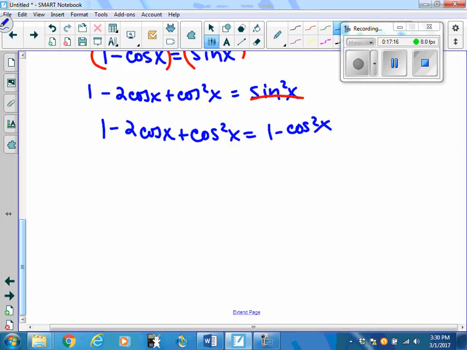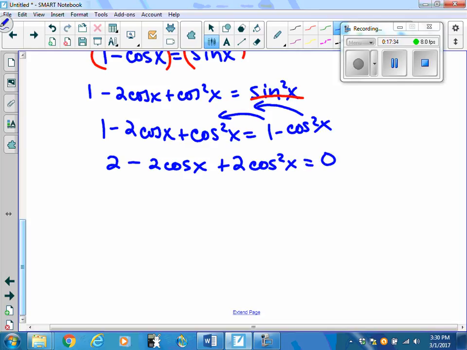Then, because I have a squared term, I'm going to bring everything over to one side. So I'm going to bring the 1 over and the cosine squared over, hang on, I wrote something down wrong.